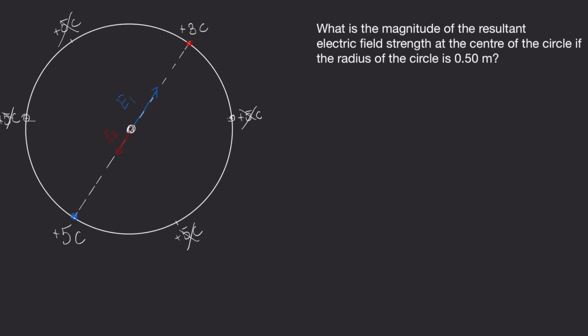So E1 take away E2 will be given by, let's call it Q1 over 4 pi epsilon naught R squared take away Q2 over 4 pi epsilon naught R squared.